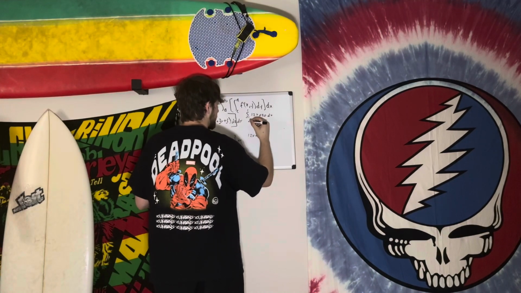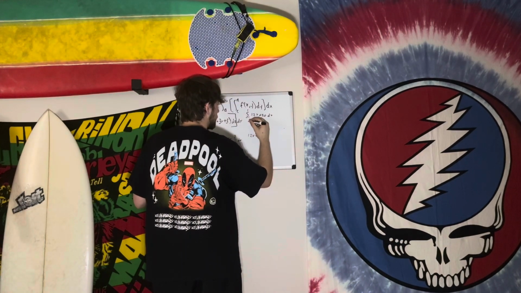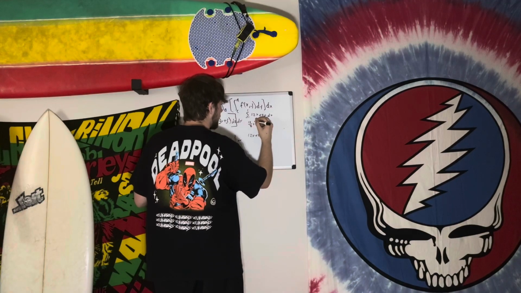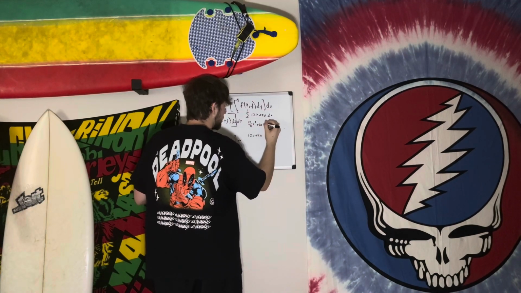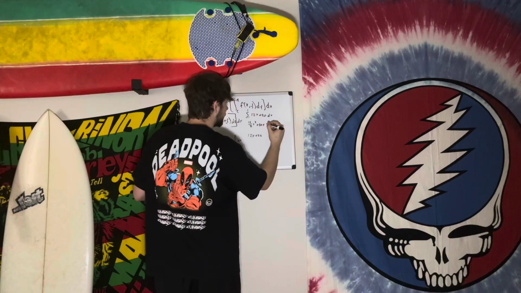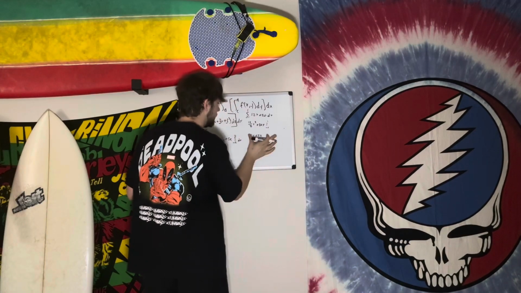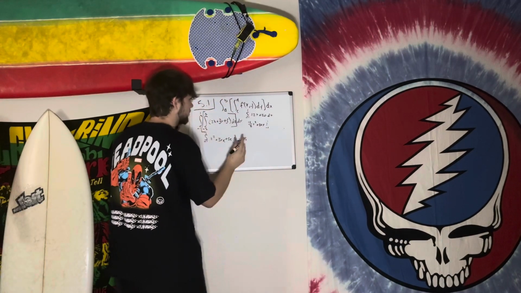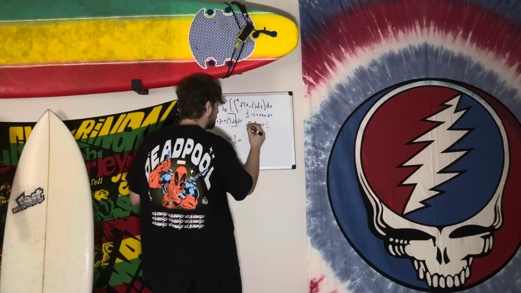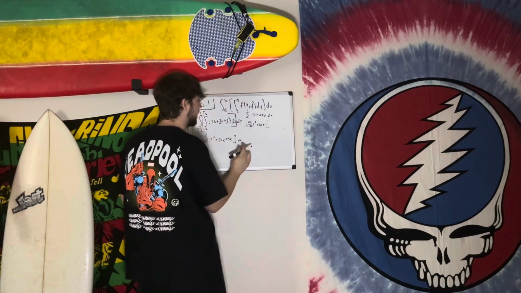So now it's going to be 12 over 2 y squared plus 20y, all from negative 1 to 1. So now these cancel, 6y squared plus 20y.